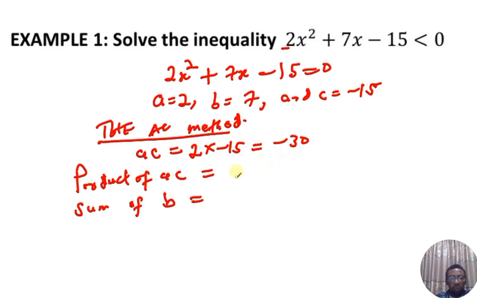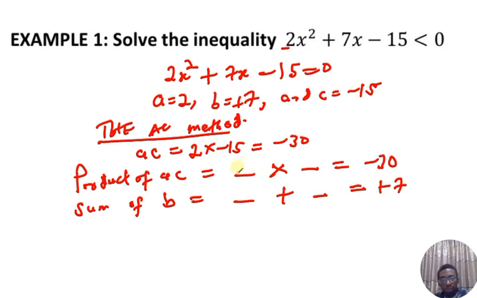So we think of two numbers that when you multiply them together, you get minus 30, and when you add them together, you get your b, which is plus 7. Such numbers are plus 10 and minus 3. That gives minus 30 when multiplied, and plus 7 when added.